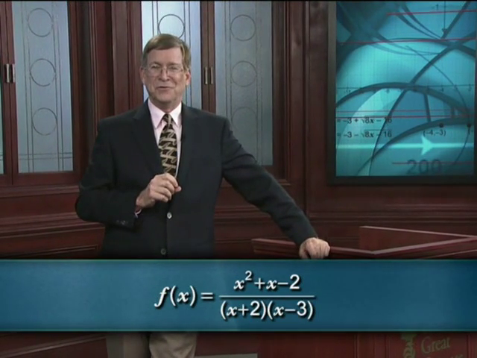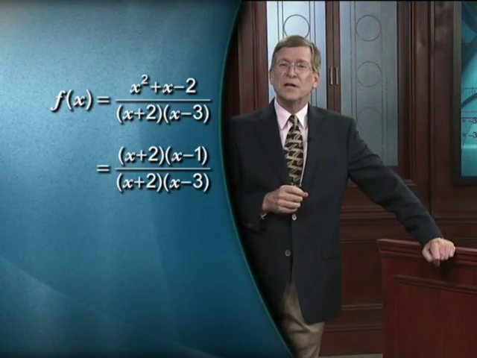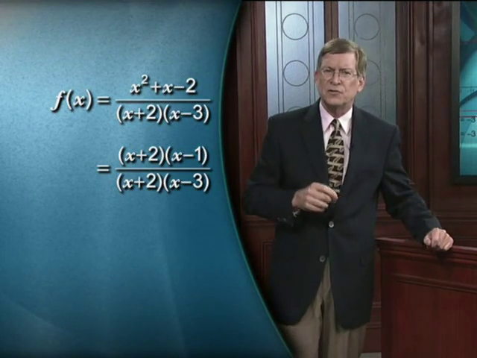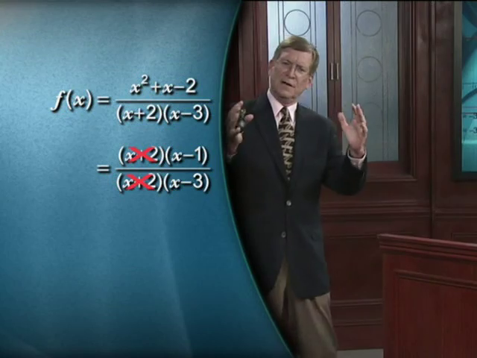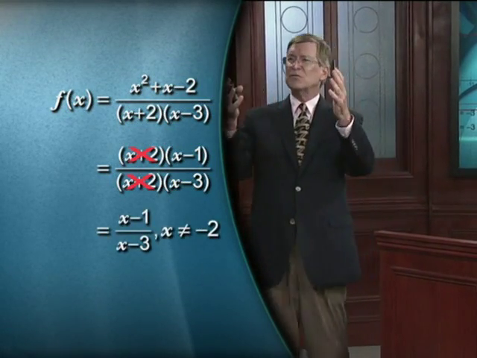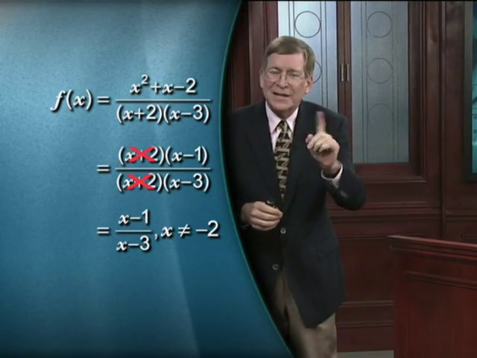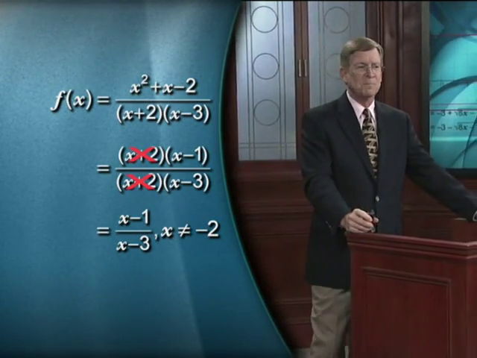But I'm tricking you. Factor that numerator. It factors to x plus 2 times x minus 1. Common factor of x plus 2. Cancel that common factor, and we have a new version of our rational function. It's x minus 1 over x minus 3, as long as we remember that x cannot be minus 2. Minus 2 is not in the domain of this function.